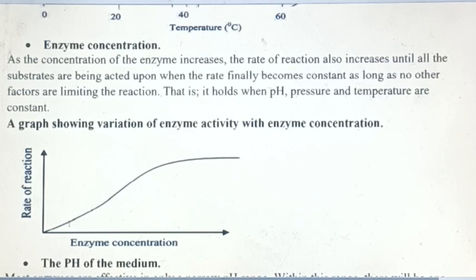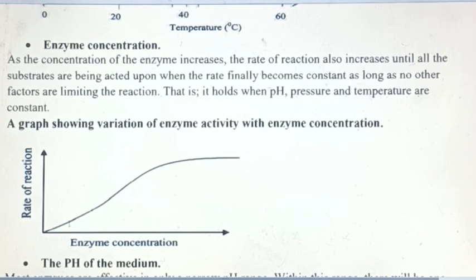The reaction must have the favorable pressures, and the temperature should be optimal. And the substrates should be present in large concentrations. So once all these factors are held constant, once they are favorable for such a reaction, and you decide to increase the enzyme concentration, the rate of reaction will be increasing.